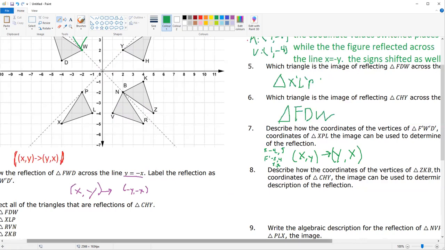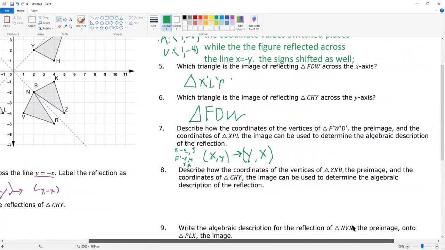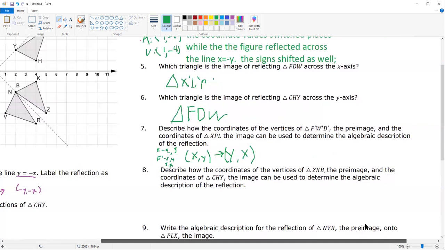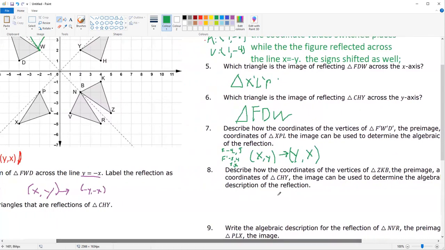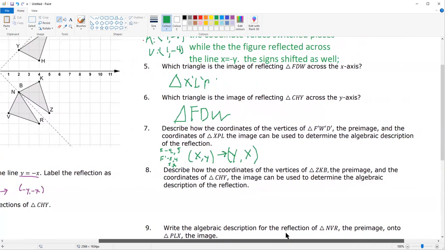It's just describing how the coordinates of the pre-image can be used to determine the algebraic reflection. Once you know these coordinates, you can relate how they change, and when you figure out how they reflect upon each other, then you can figure out the algebraic description.